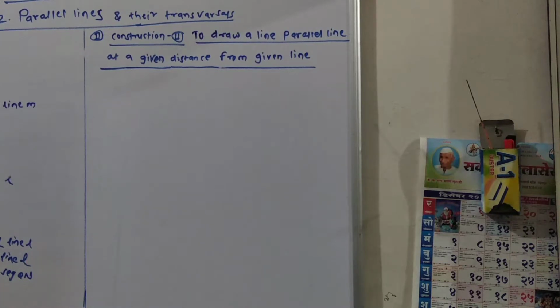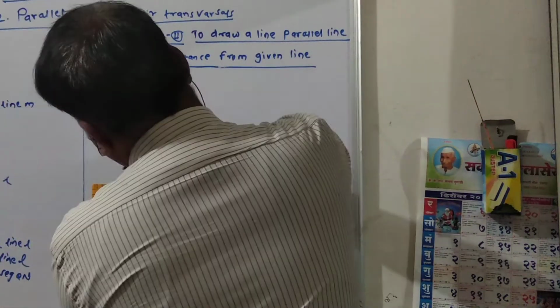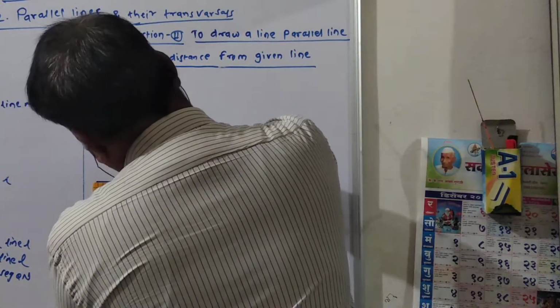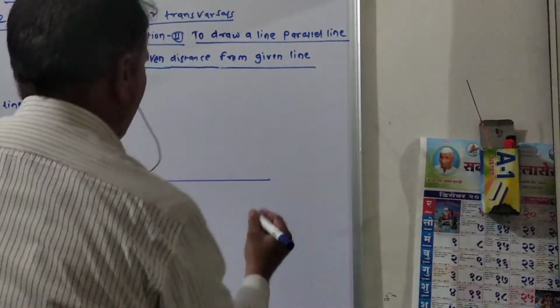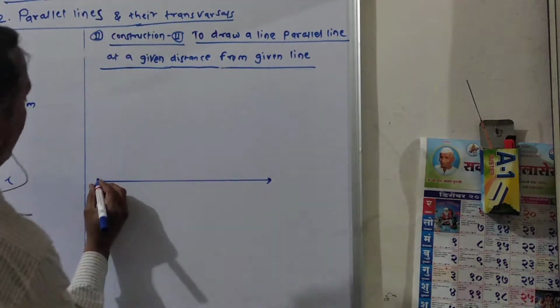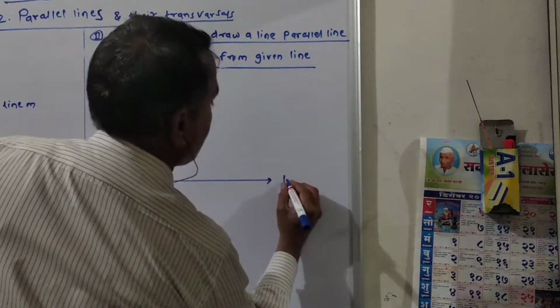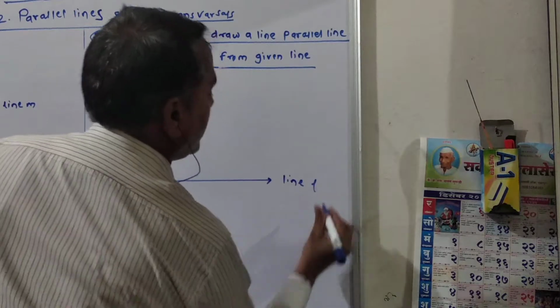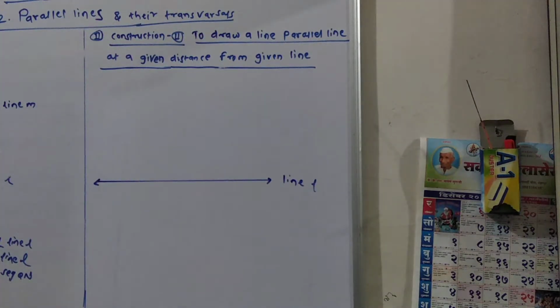Here we are going to draw a given line. So draw line L. This is the line L. Now we are given the 2 points.